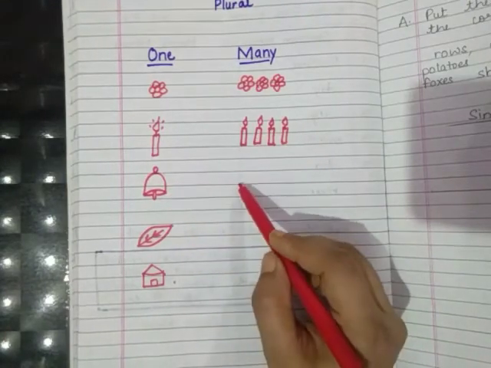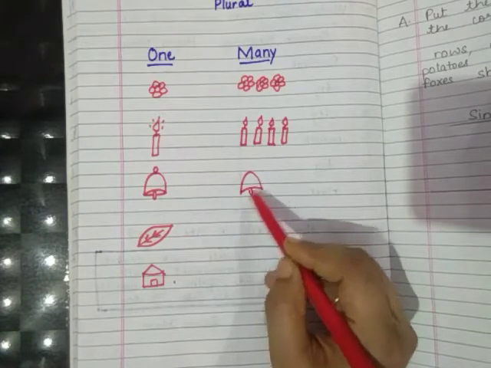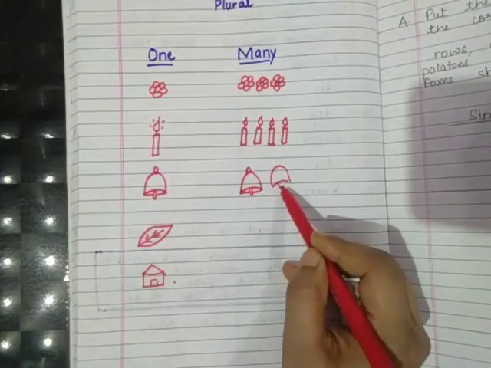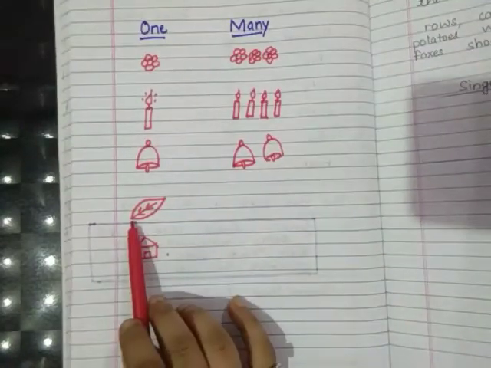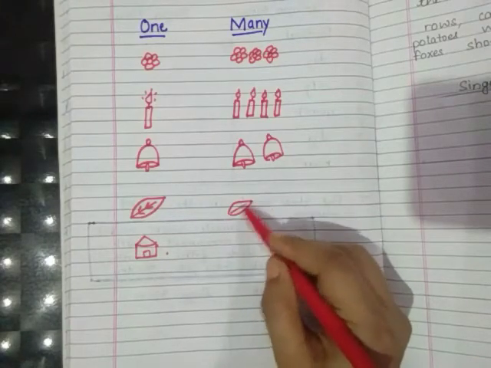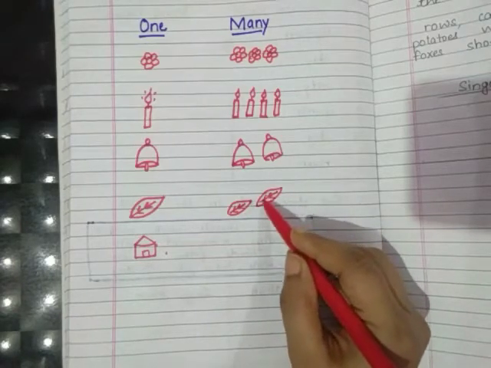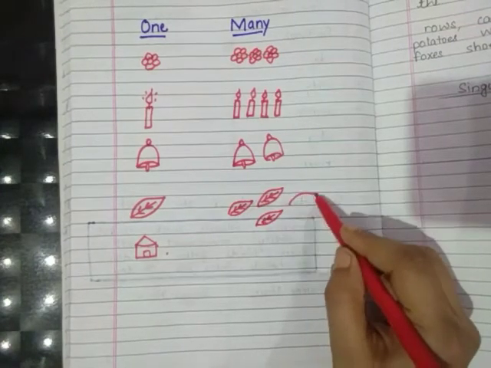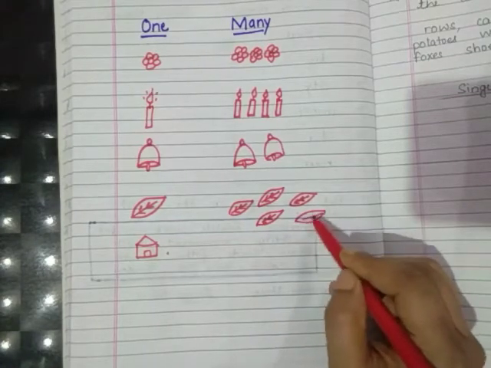Here, bells. I am going to draw more than one bell. 1, 2. Okay, this is one leaf, but here I will draw more than one leaf. 1, 2, 3, 4, 5.